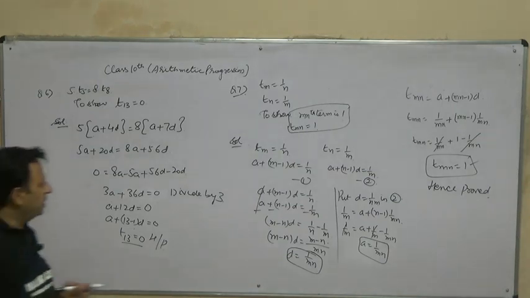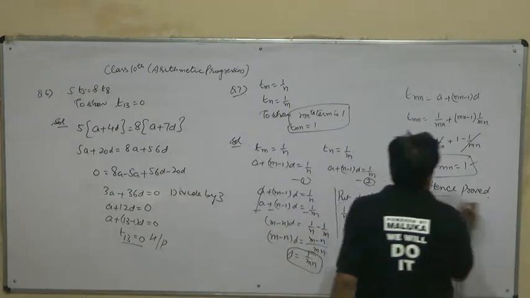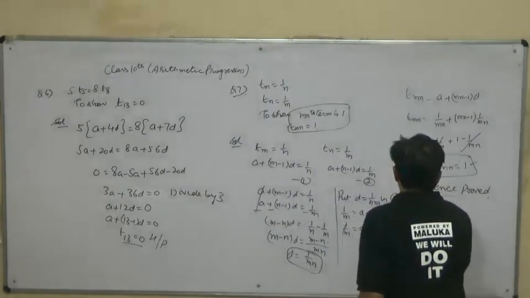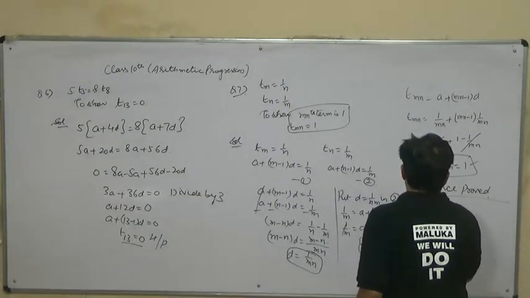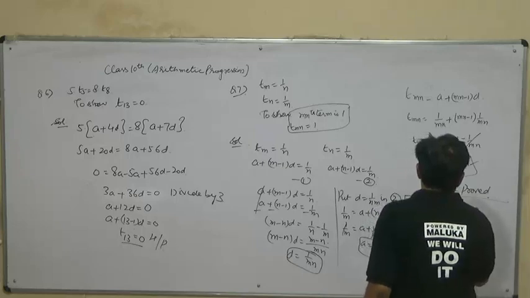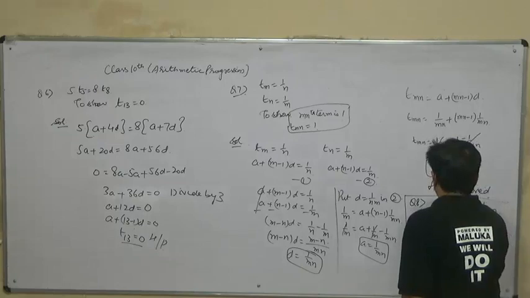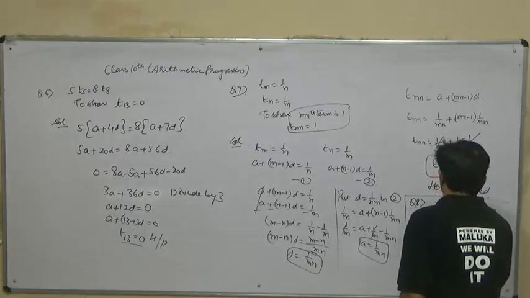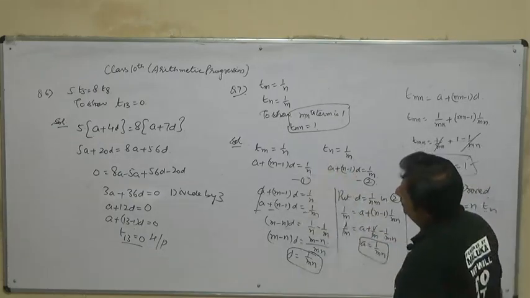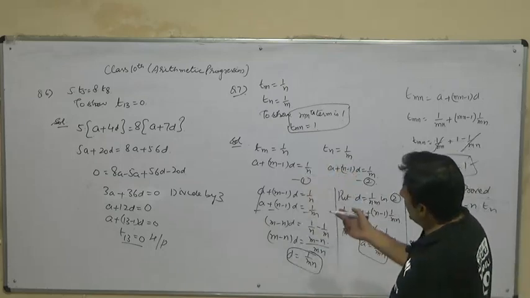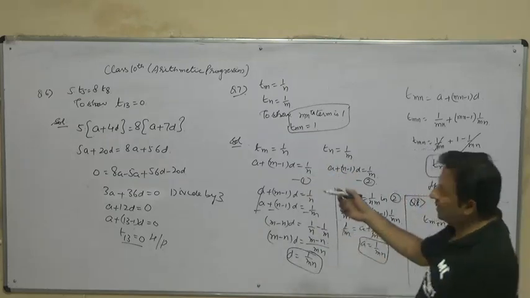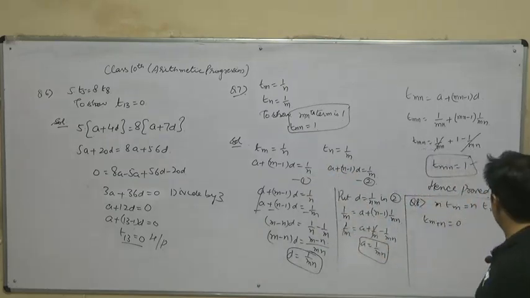So we are given that, question number 8, m times the mth term equals n times the nth term, we have to show that the (m plus n)th term is equal to 0. So the same question we did in the 6th part. If we put m is equal to 5 and n is equal to 8, you will get the same question.